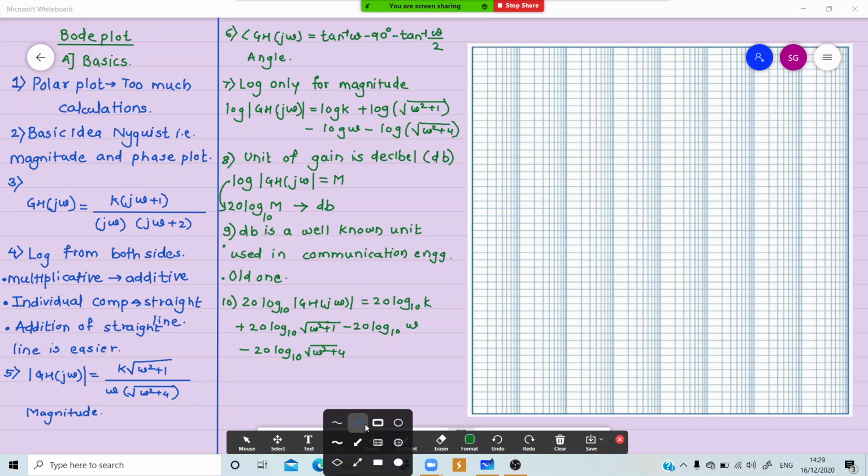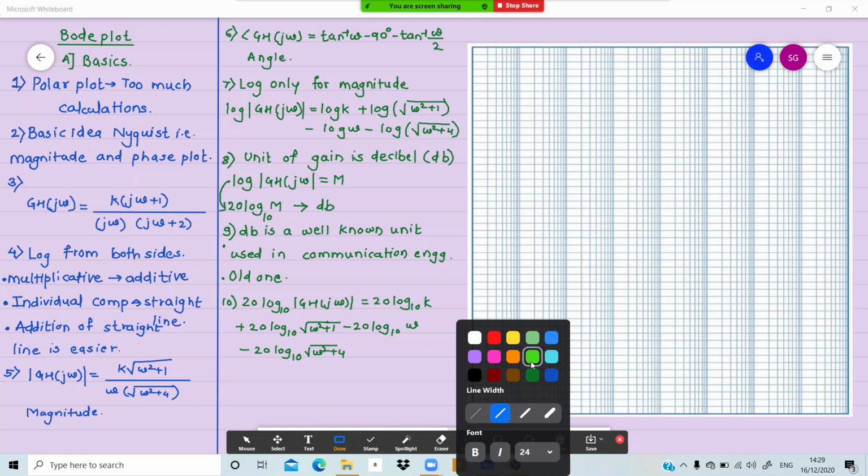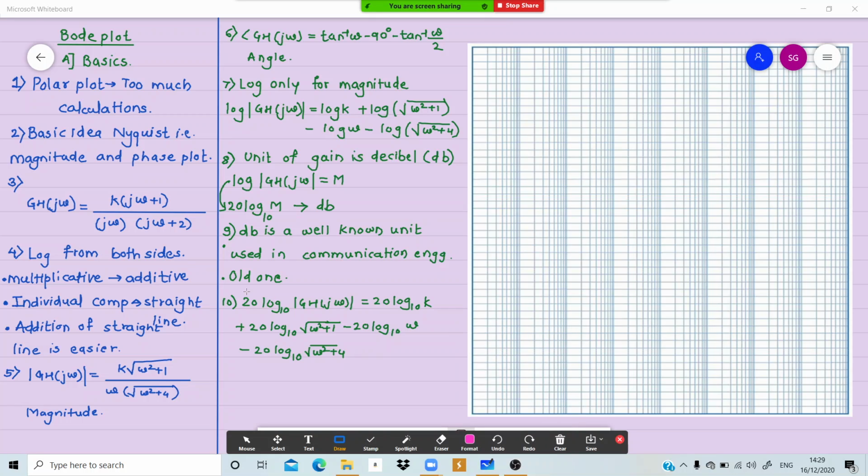So keep in your mind, from now onwards, whenever we want to find the magnitude, we are going to go for this. This is important for us. Clear, right? So this is the basics related with the Bode plot.